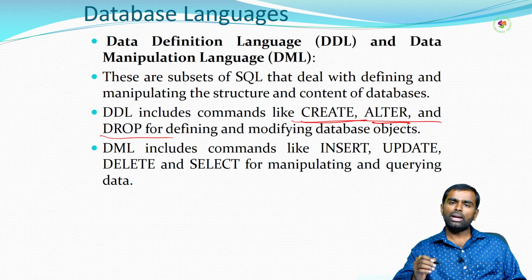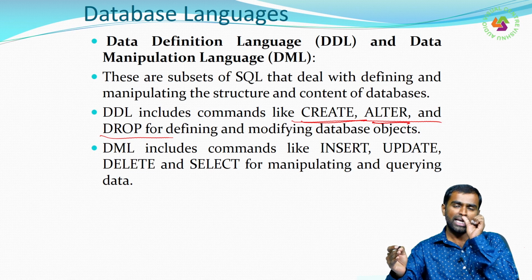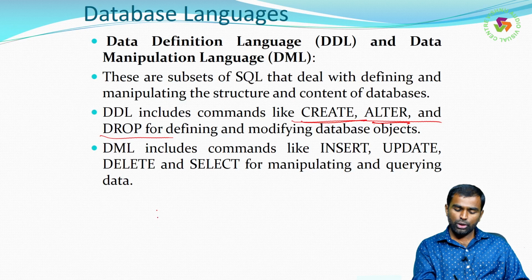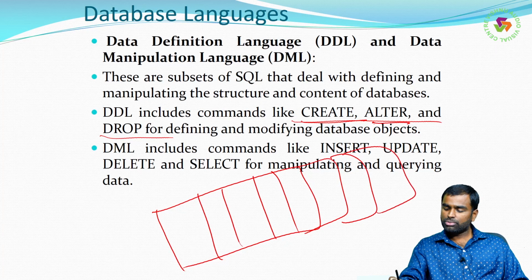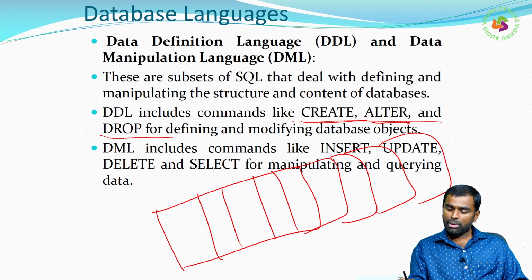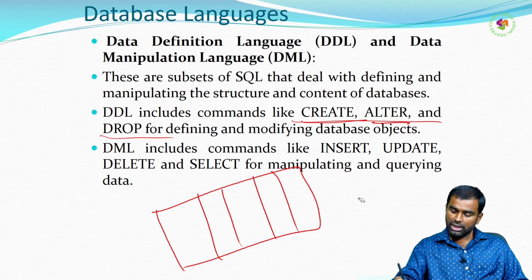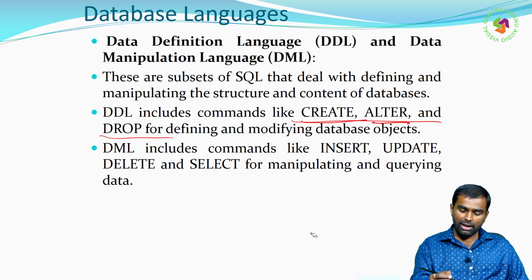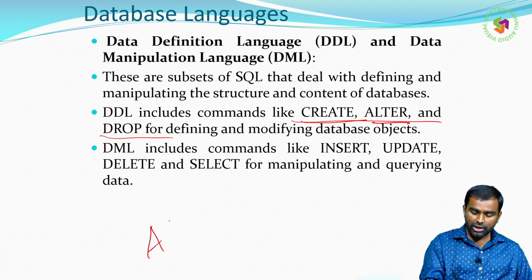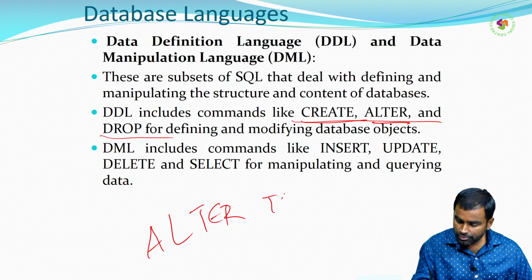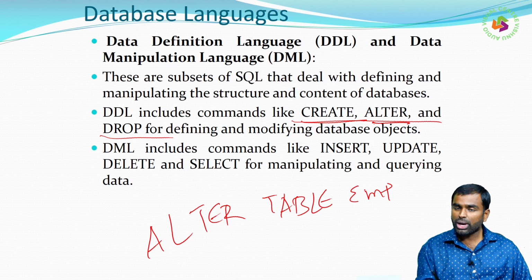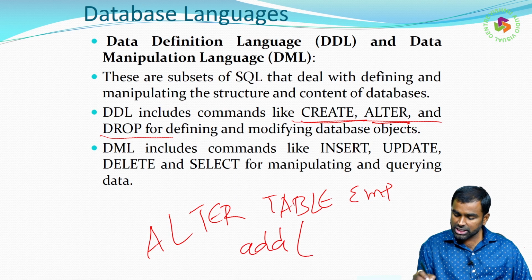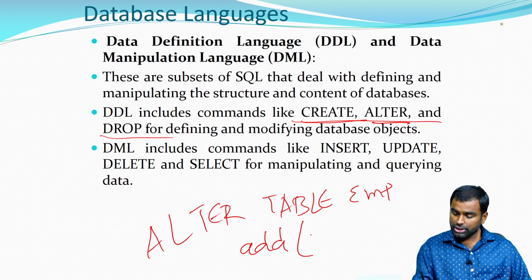So the table can be increased or decreased in size. In a table you have many columns, and using the alter command you can add more columns or remove columns. The syntax is alter table, table name, add, then the column.